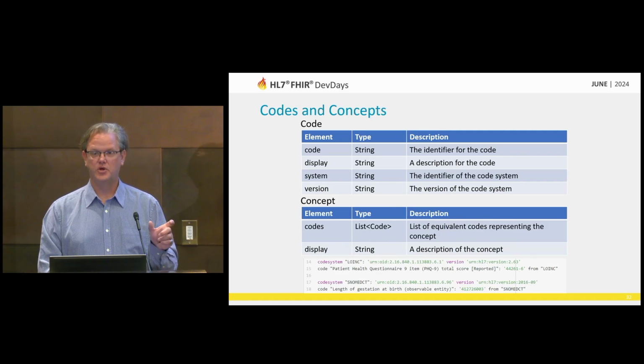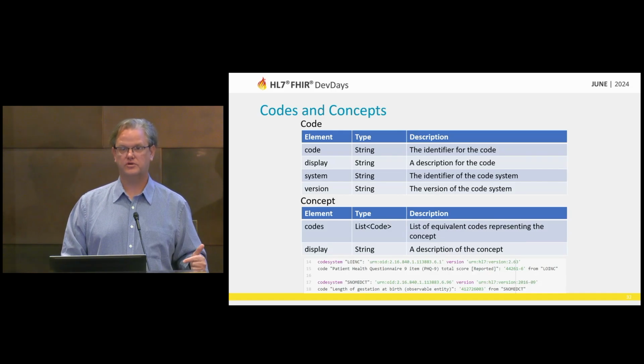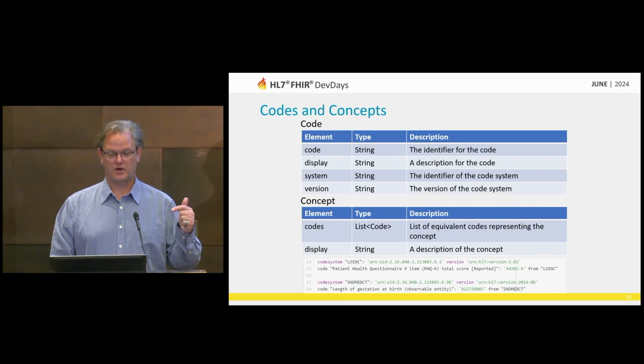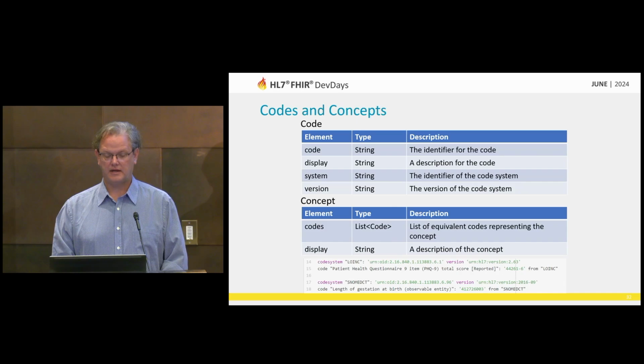And this is one of the really important ways that we get interoperability, by allowing multiple code systems to specify the code for a concept on both sides of the exchange. They can keep their local identifier, but they can also provide a standardized identifier for that, as well as a display. So there's some examples there of code system LOINC, a code from that LOINC code system, and a code system SNOMED CT.